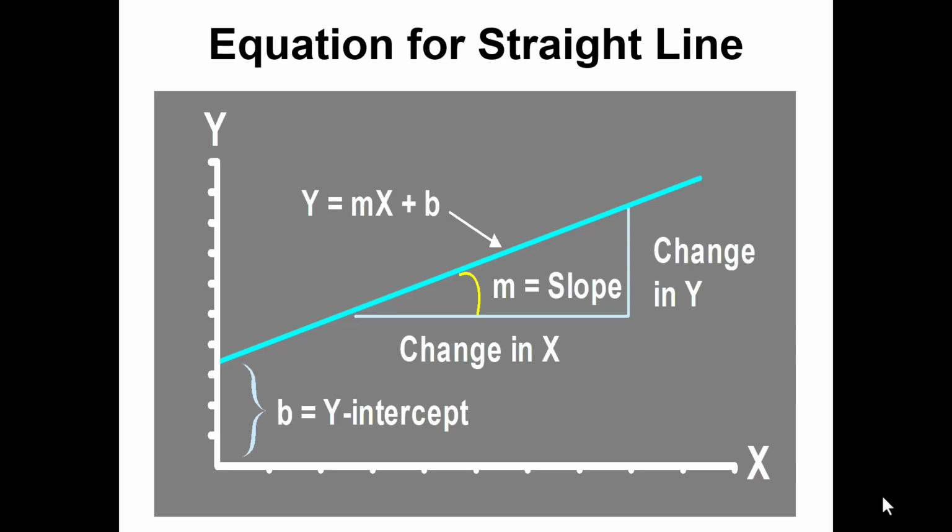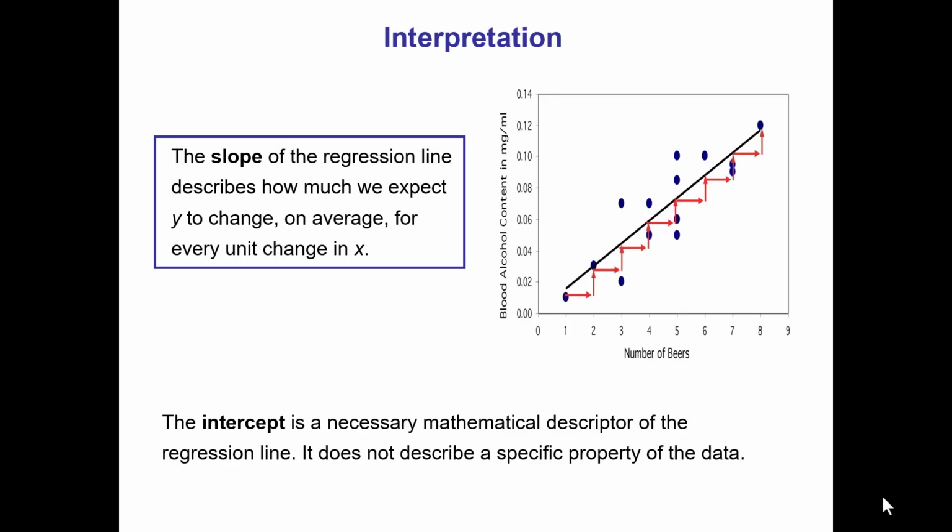This is a positive linear relationship of x and y, right? As x goes up, y goes up. Not by the exact same amount, but pretty consistent, right? At least that's what our model's predicting. And that's what the slope is. And so the slope of the regression line describes how much we expect y to change on average for every unit change in x.